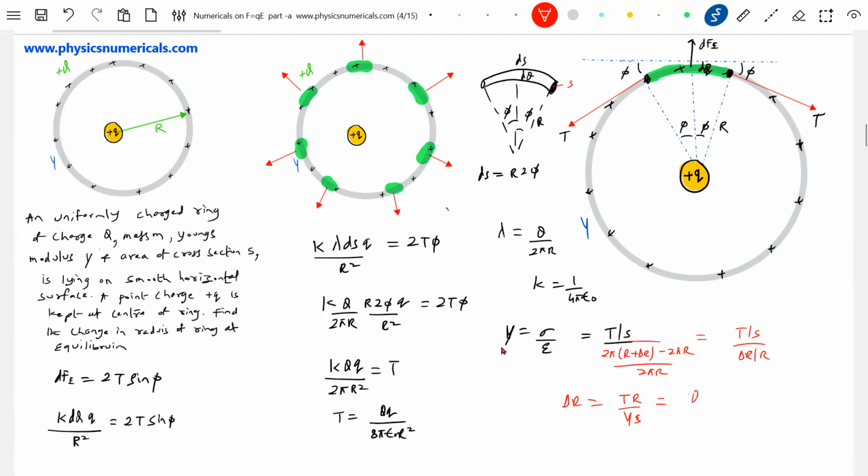So what is the value of T? So KQ by Y into S into 8 pi epsilon naught R. I think I'll write it in proper form.